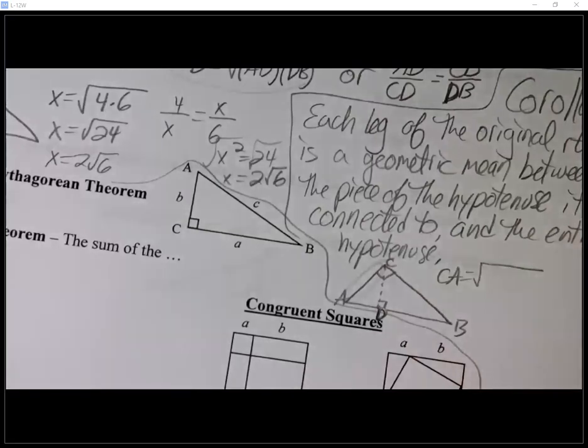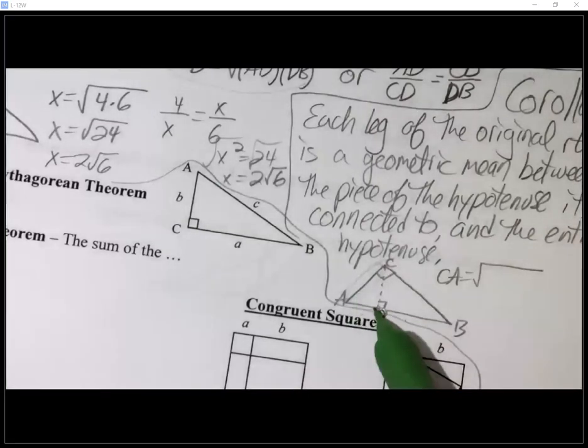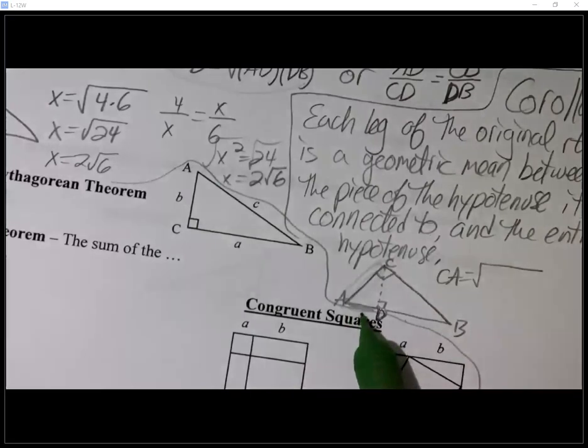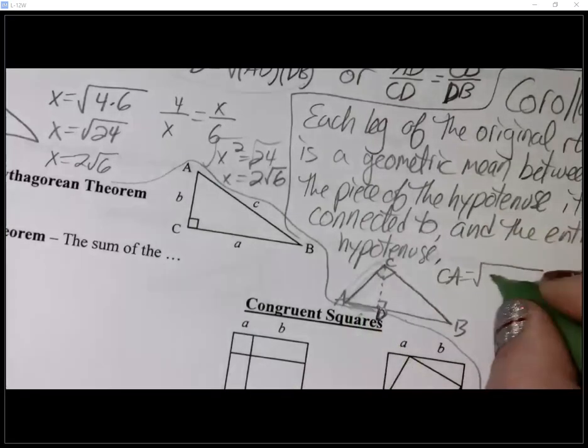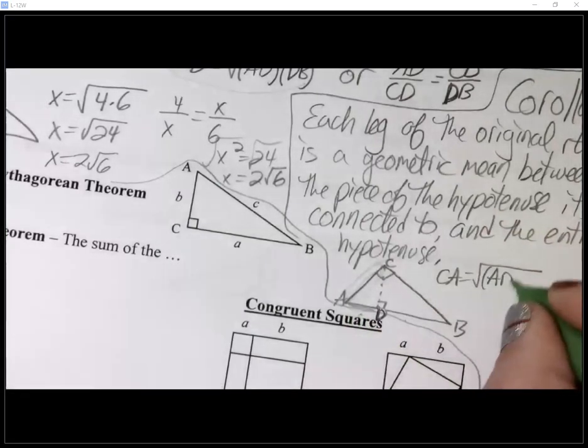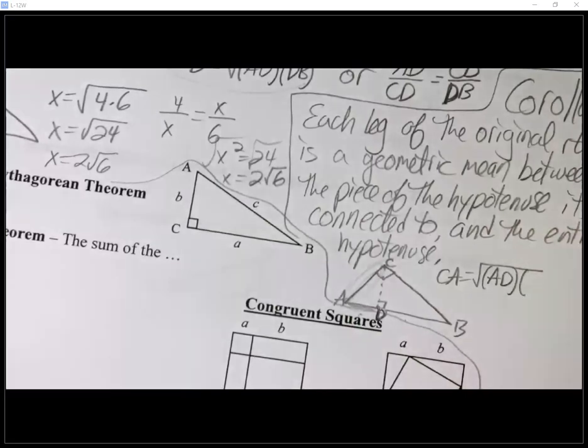So I still have my hypotenuse broken into two parts. One of those parts is connected to CA, right? AD is the piece of the hypotenuse that's touching CA. So the part of the hypotenuse it's connected to is AD, and then the entire hypotenuse is obviously AB.